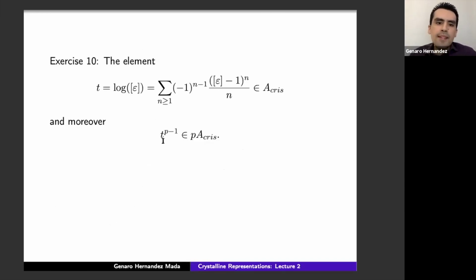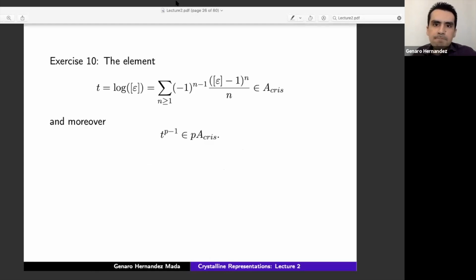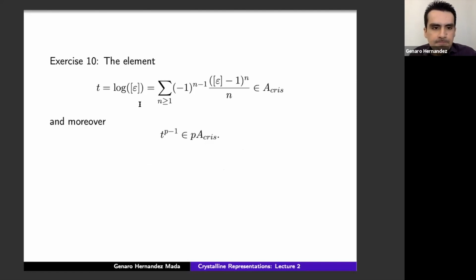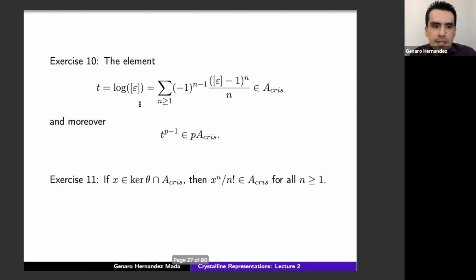Moreover, if I take the (p-1) power of t, that's in the ideal generated by p. It's a multiple of p inside A_cris. Okay, so that's an exercise.